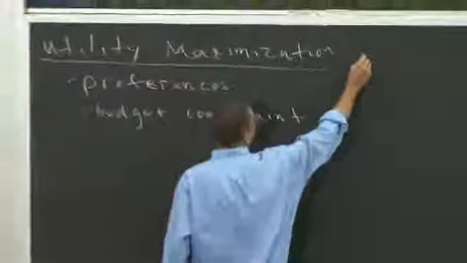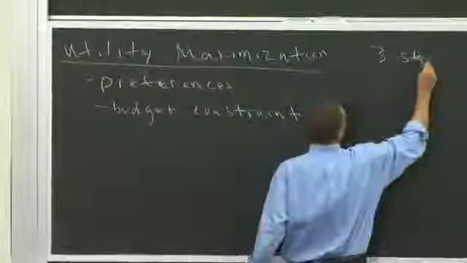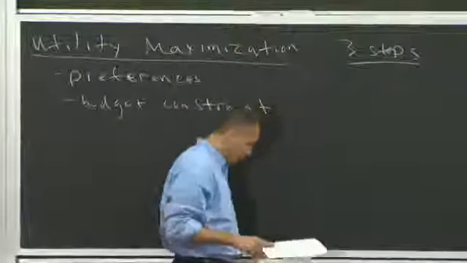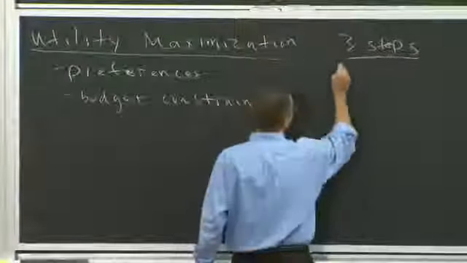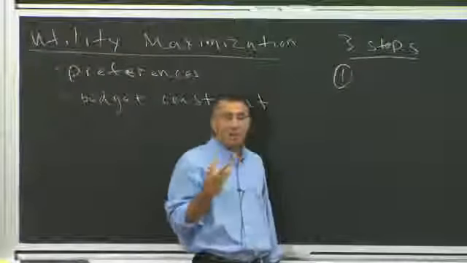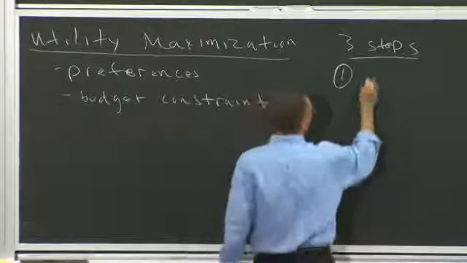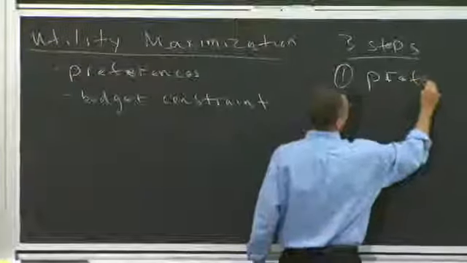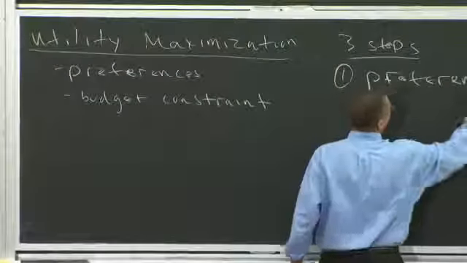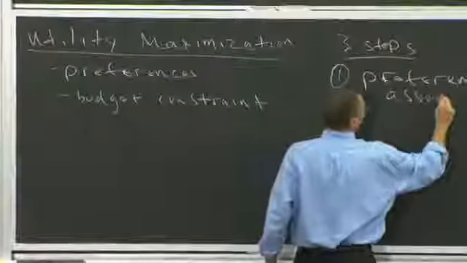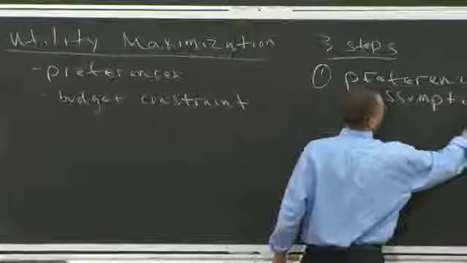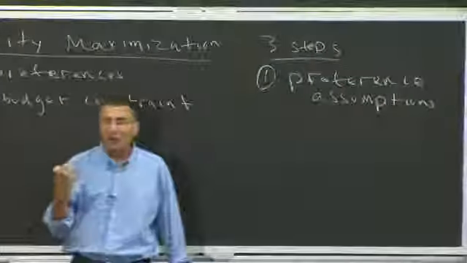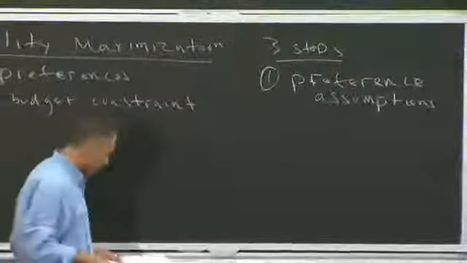Basically, we're going to go through this in three steps, not just in this lecture, but over the next few lectures. Step one is what assumptions we make about preferences. So we'll talk today about preference assumptions, the axioms that underlie how economists model consumer preferences.